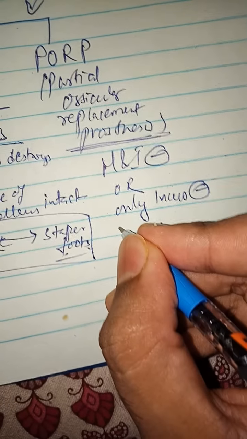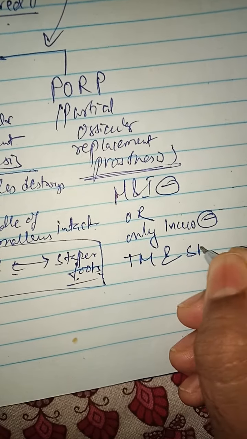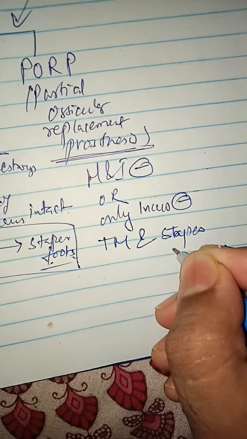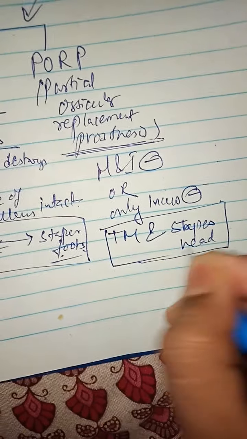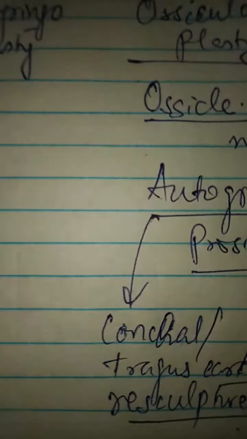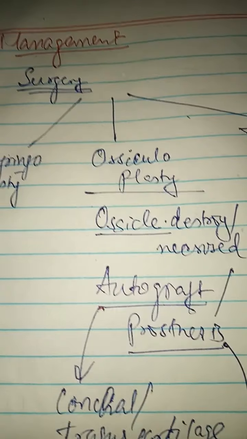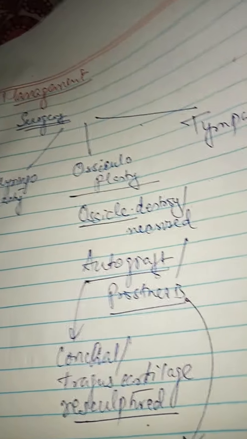Then it is placed between the tympanic membrane and the stapes head. Now this is all about the prostheses which are used.